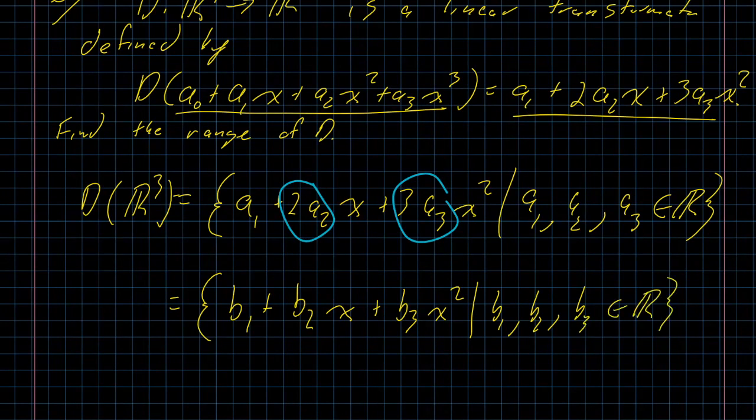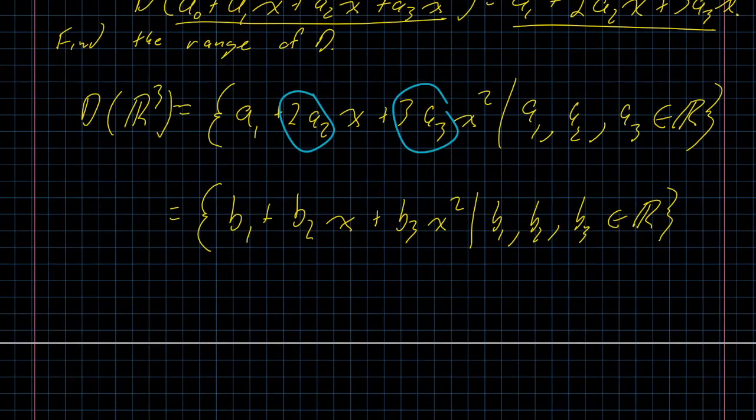And the reason that I care about that is because any polynomial that I can write in this form, b1 plus b2x plus b3x squared, well, I could do another change of variables if I really want to. If I let a0, now that I've gotten rid of a, I can reuse a, be equal to b1, then this is a0. If I let a1 be equal to b2, then this is a1x.